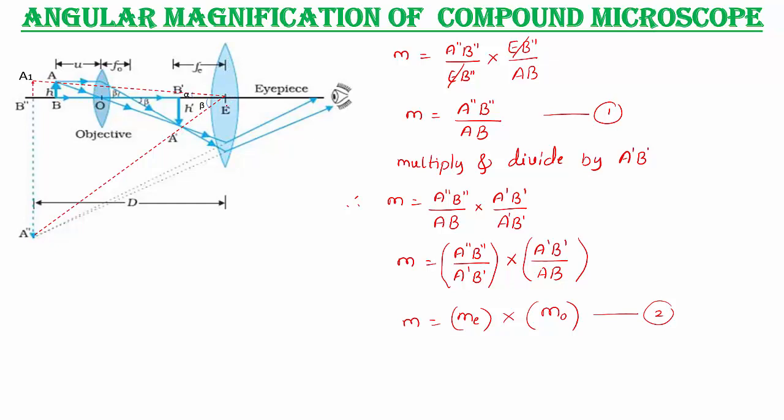That's why, instead of writing a double dash b double dash divided by a dash b dash, we can write angular magnification of simple microscope under normal adjustment, because Me is equivalent to simple microscope under normal adjustment.